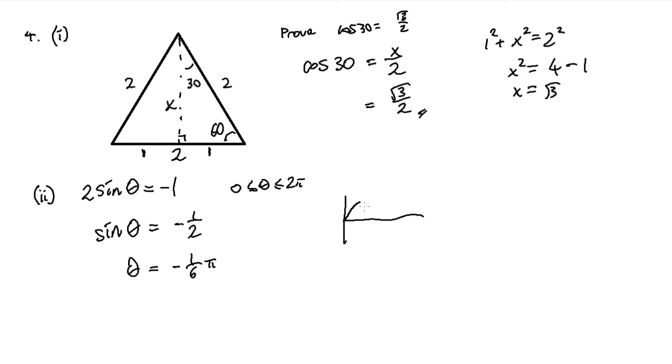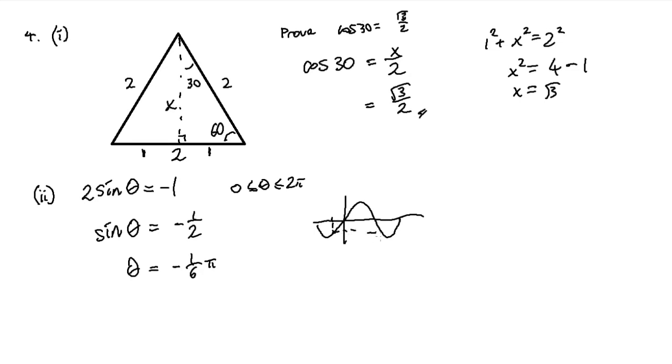And for this one, it's a bit more tricky because you have to do between 0 and 2 pi. So let's just sketch a sine curve. I included the negative domain because right now our theta is negative, so it's sort of here-ish.